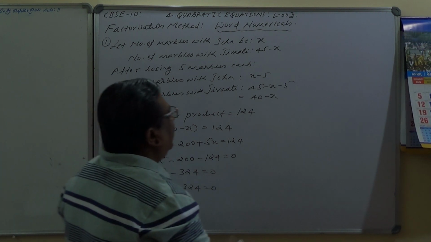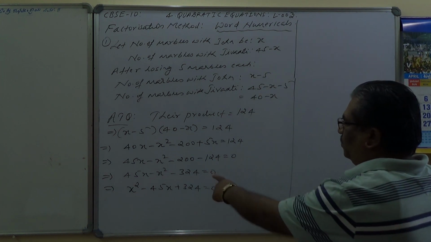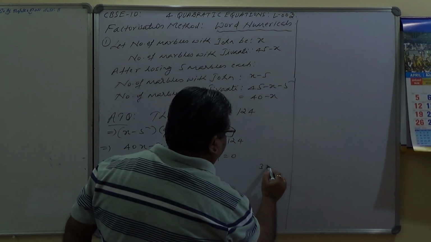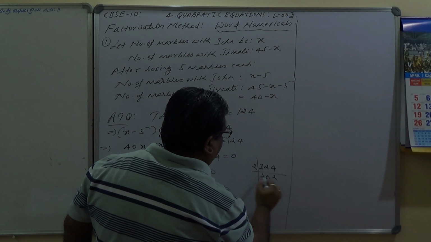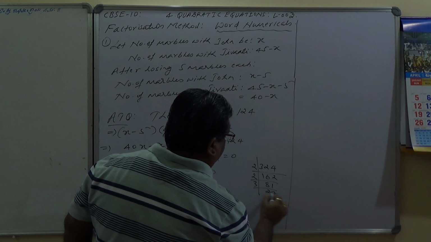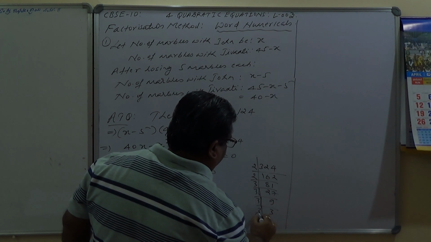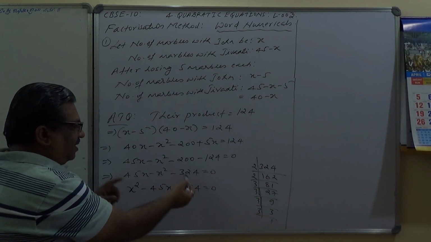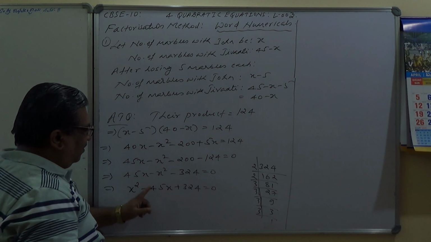Now this is the equation, and we have to solve it by the factorization method. So how do you solve this by factorization? Let me find the factors of 324. What I should get here is that the product is 324, and the sum of those factors should be 45.